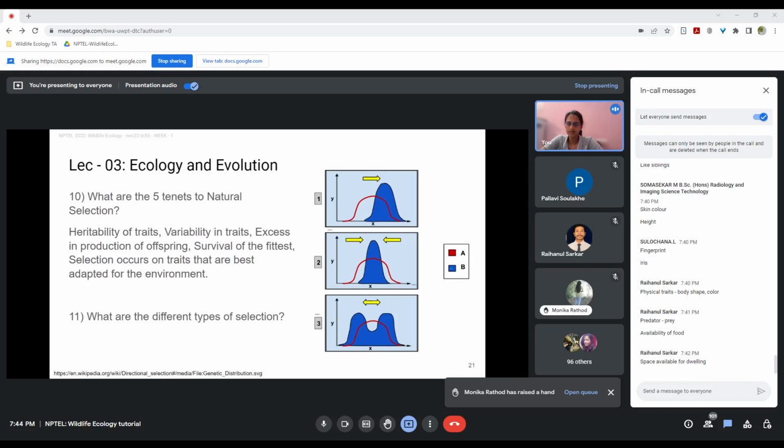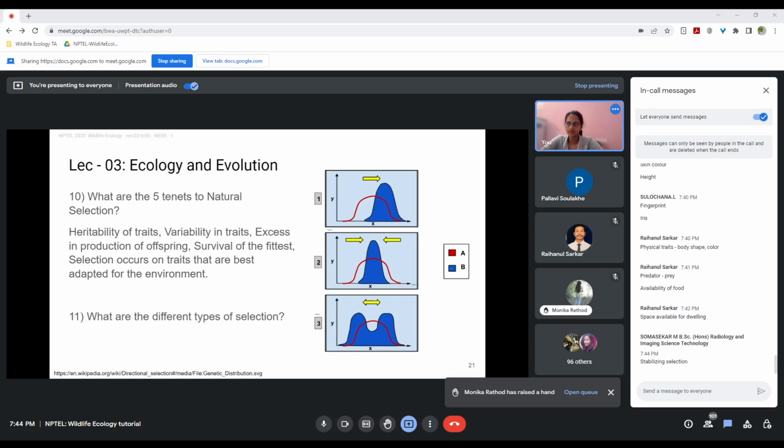Intermediate. Right, panel 2 is stabilizing selection. Yes, that is the technical term for it. So what exactly is stabilizing selection? And if you could give me an example.